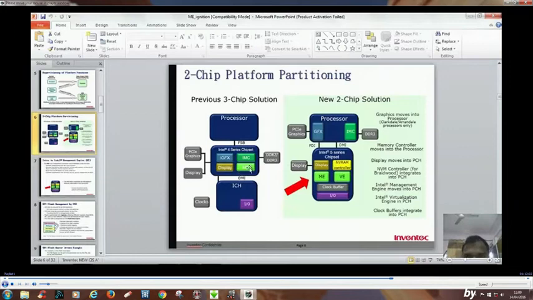You can see the AMI is inside the North Bridge earlier, whereas now the AMI is inside the PCH, right? And RAM was connected with the North Bridge because the integrated memory controller, the IMC, was inside the North Bridge, whereas now the IMC has moved to the processor, so the RAM is connected to the processor.